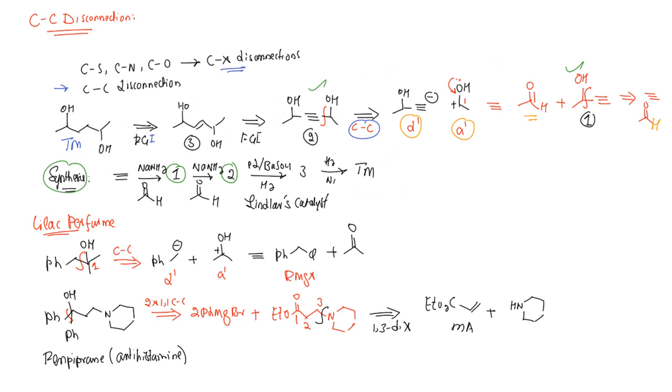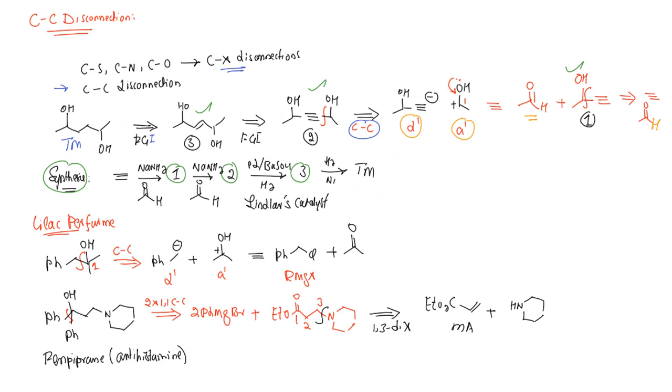We can subject it to a controlled hydrogenation facilitated by a Lindlar catalyst, which involves palladium and barium sulfate catalyst that is deactivated by the use of quinoline. As a result of this catalyst, we get structure number 3, which is an alkene, and finally structure number 3 is subjected to an ordinary hydrogenation, giving the target material. So this is an example of C-C disconnection in retrosynthesis.